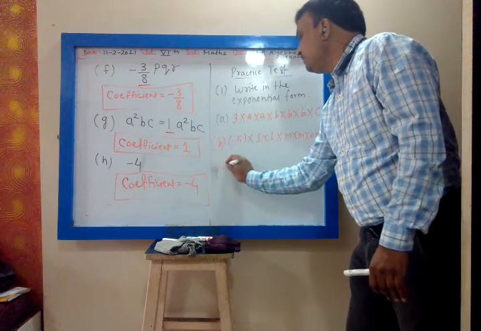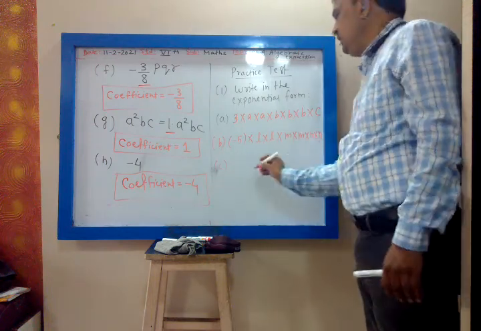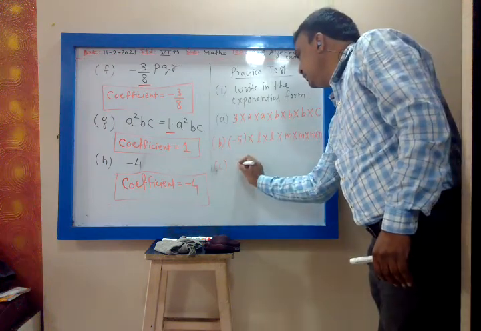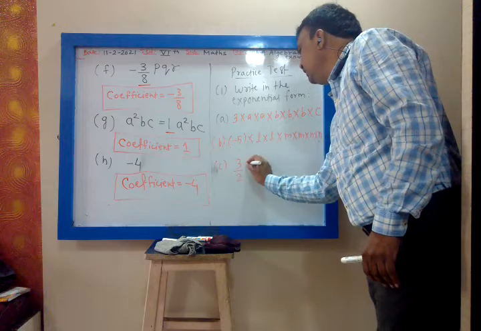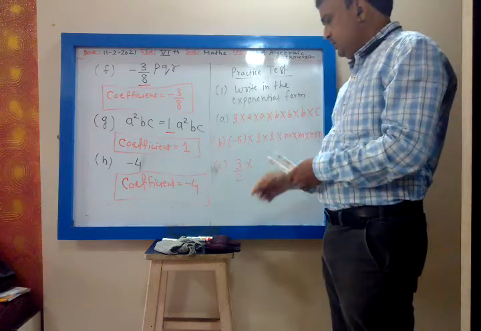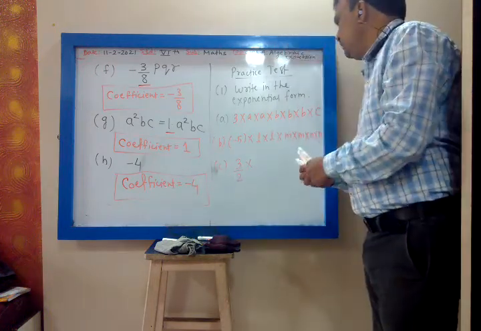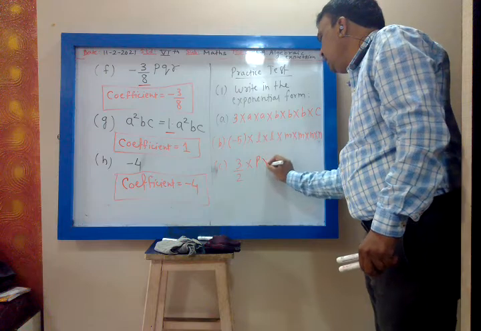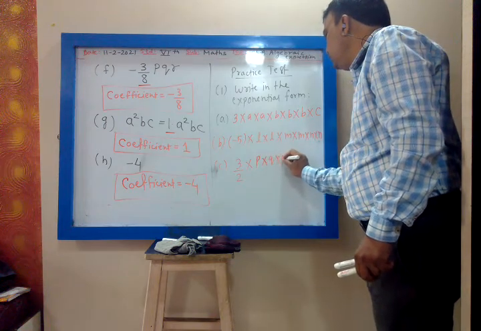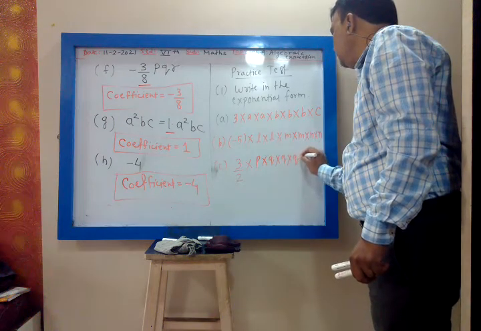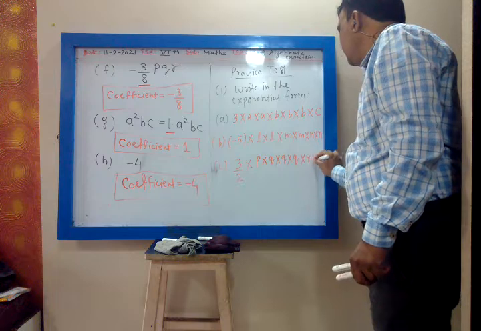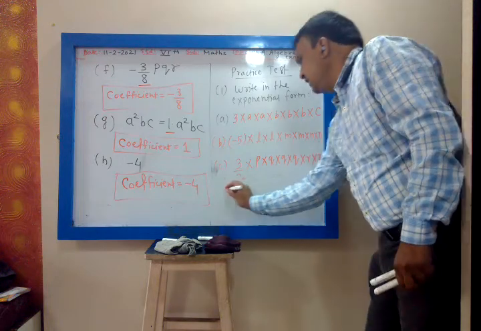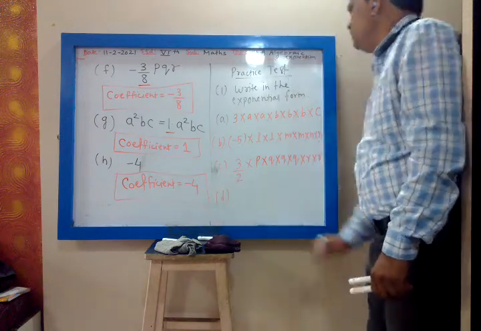Then c, 3 by 2 into p into q into q into q into r. Then d, write down in the exponential form.